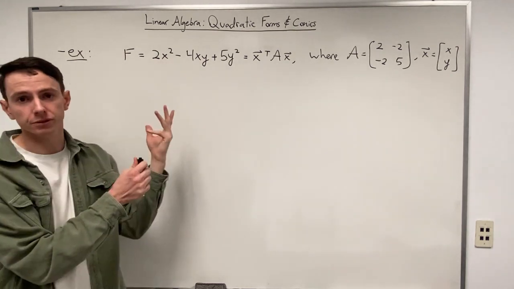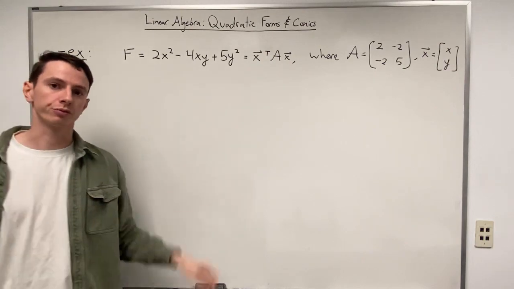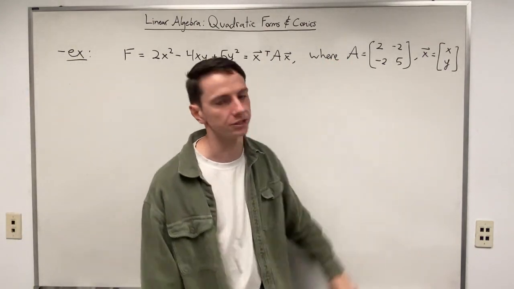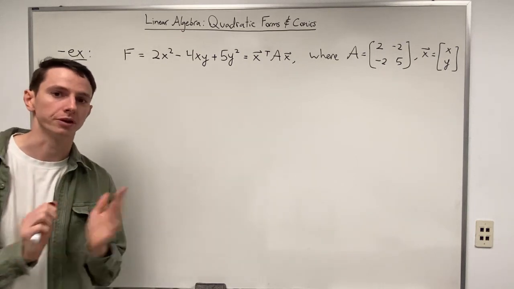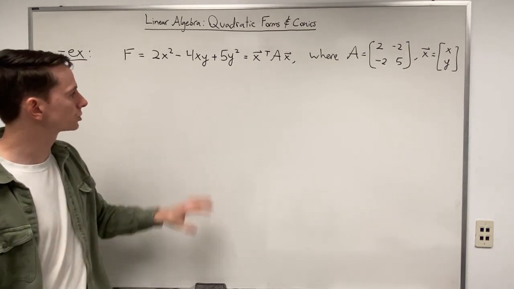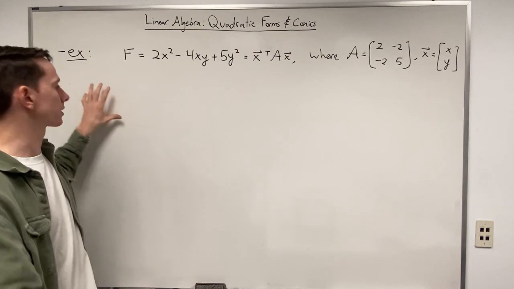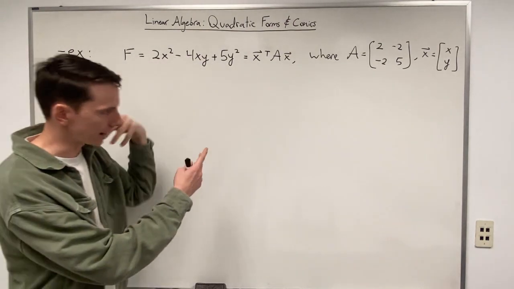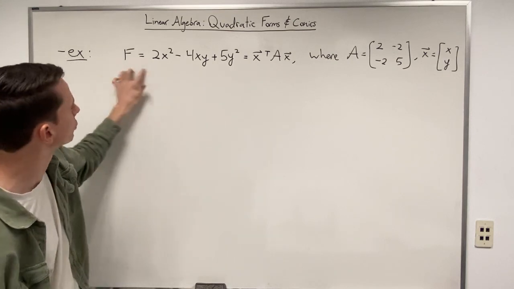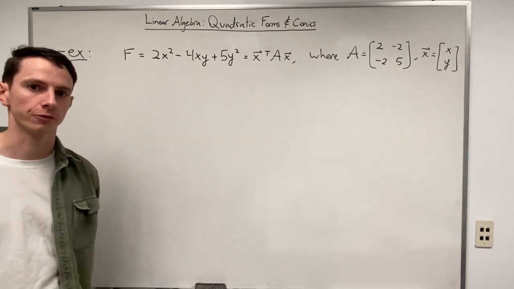Now, the first step to doing that entire thing on the previous whiteboard is just to diagonalize the matrix. I'm not going to go through that process again, that's what we've been doing in the previous section, but I'm just going to quickly write out what the eigenvalues and eigenvectors are, and then we're going to see how to incorporate them to rewrite this quadratic form right here.